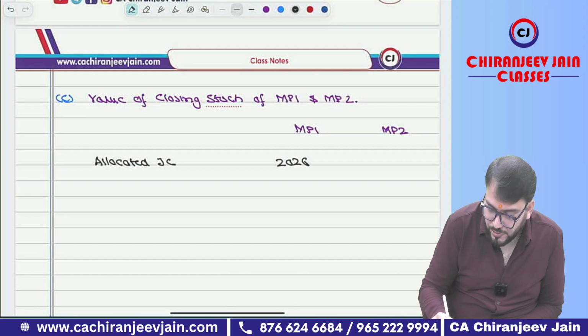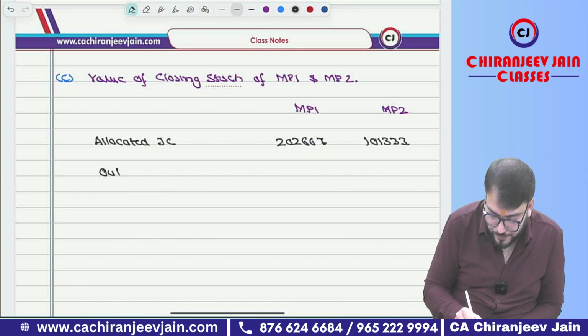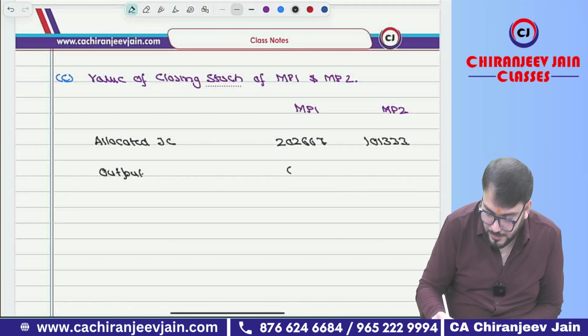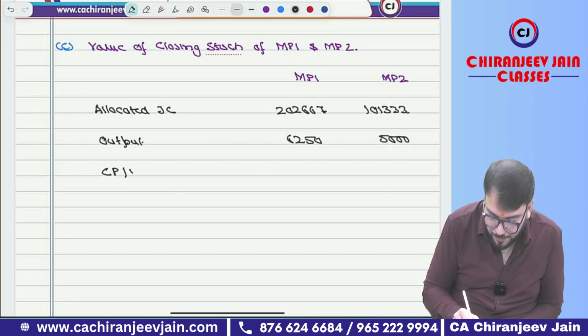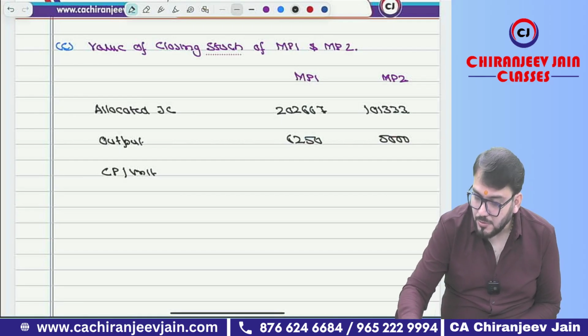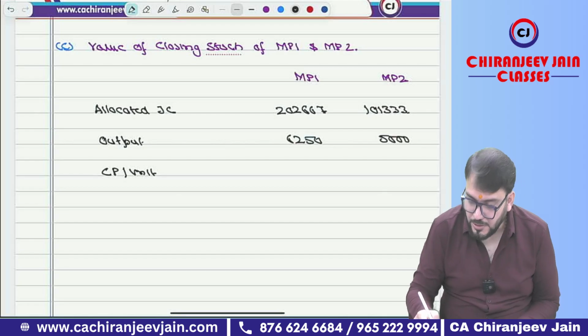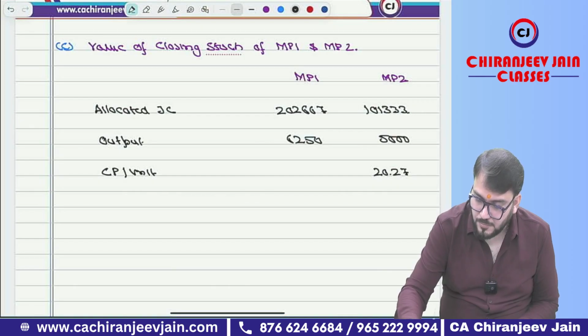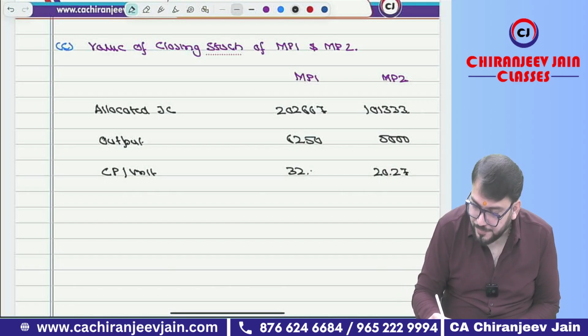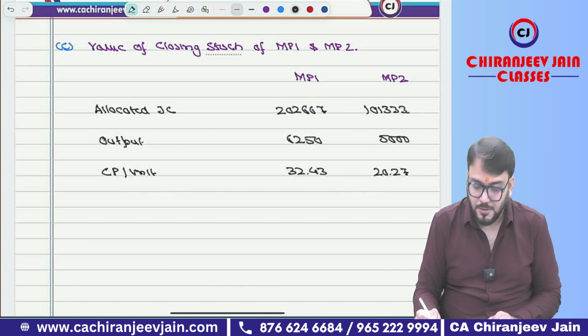That is 2,02,667 and 1,01,333. Total output is 6250 and 5000. Can you give me the cost price per unit? So this will be 20.27, and this will be 32.43.